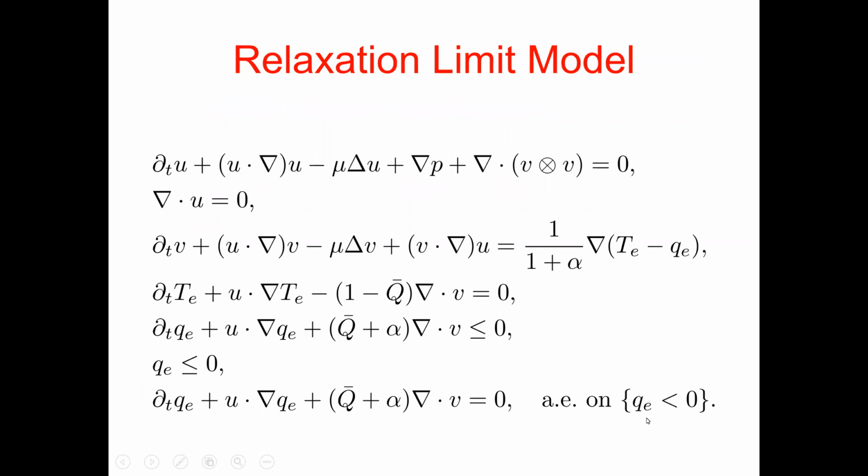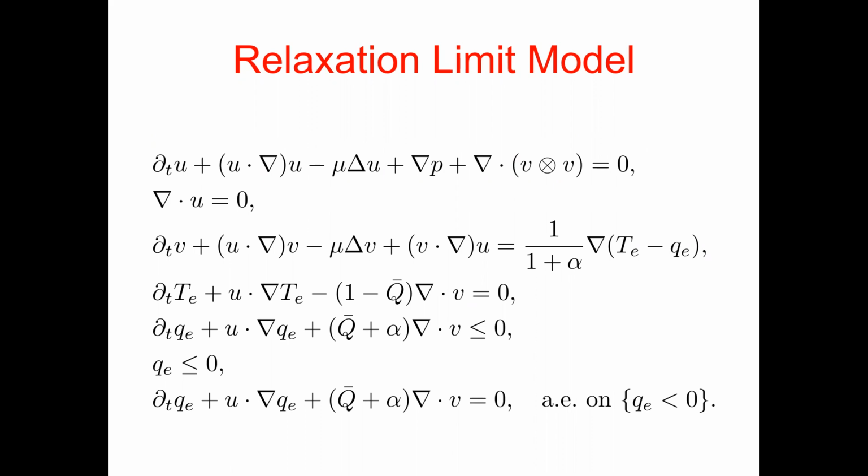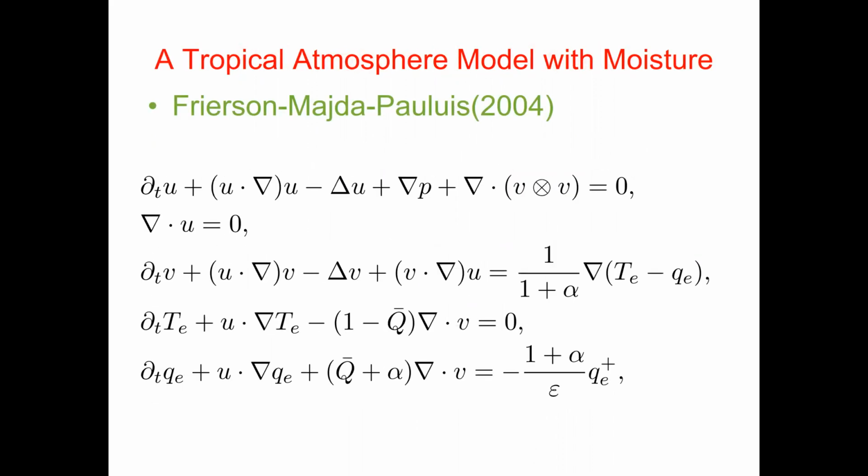And only when QE is strictly less than zero, you get equality. So you get this kind of crazy system, which is a coupled differential equation with a differential inequality. And this is the formal limit system. Now the question: does this system have existence and uniqueness? And does the solution of the original system converge to it, and in what sense?